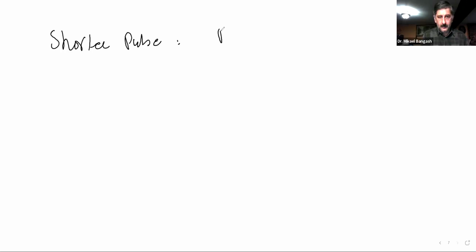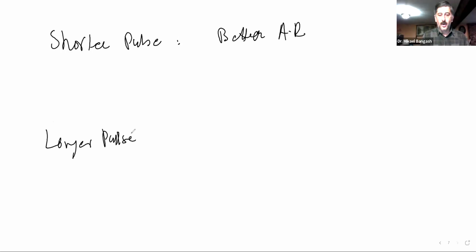Shorter pulse, better axial resolution, right? Longer pulse, poor axial resolution. And what we mean by shorter is shorter spatial pulse length. What do we mean by longer pulse? Greater spatial pulse length.